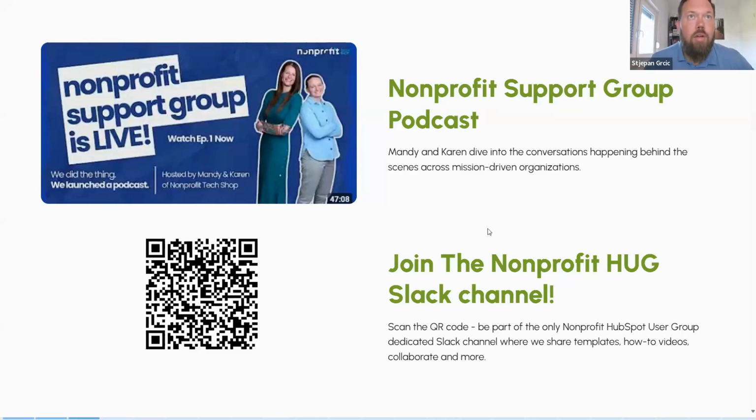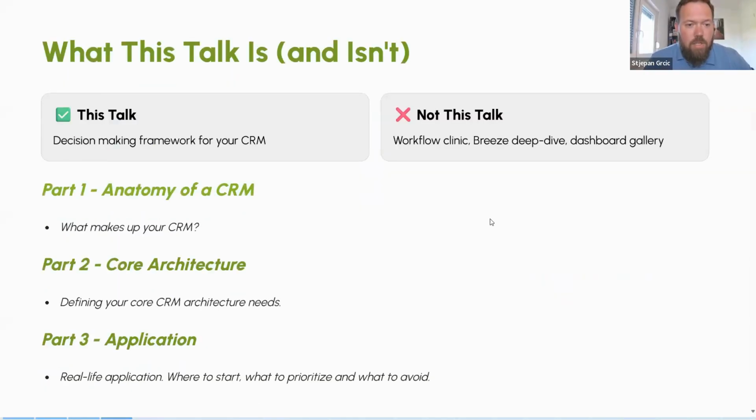What we mean about HubSpot for nonprofits. So first off, what this talk is and isn't. Basically, this talk is about structure. It's about objects, associations, lifecycle stages, the decisions that will determine how your data is organized, the skeleton. And why is it so important? Because as a nonprofit, HubSpot is mainly targeted to startups and B2B businesses.